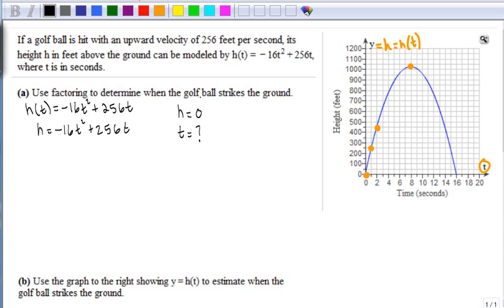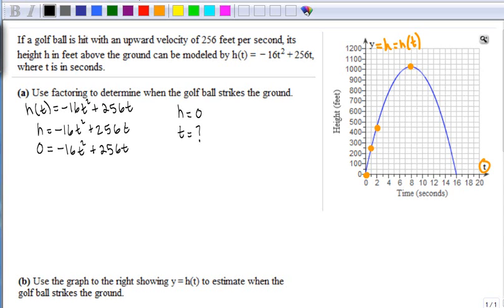So how we solve this, we just simply plug in 0 for the h. And we just learned in this section that to solve equations that are not linear, that have exponents other than 1, the best way to do it is by factoring. So how do you factor that?